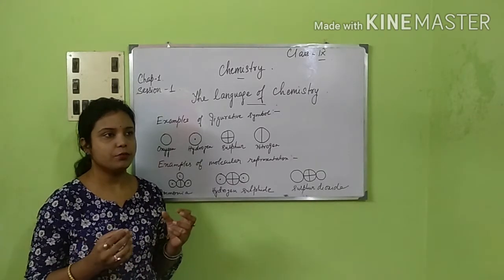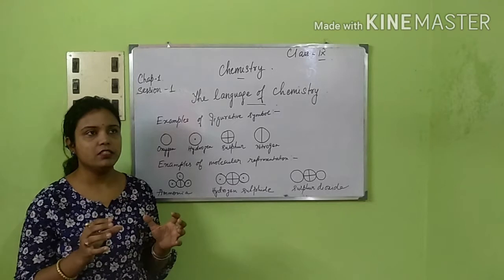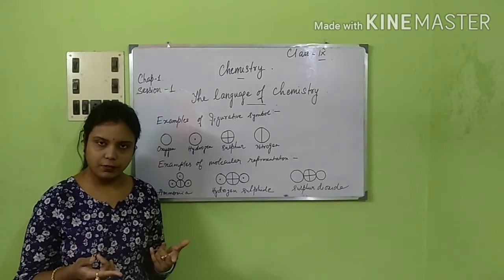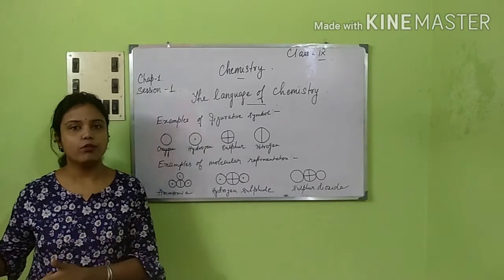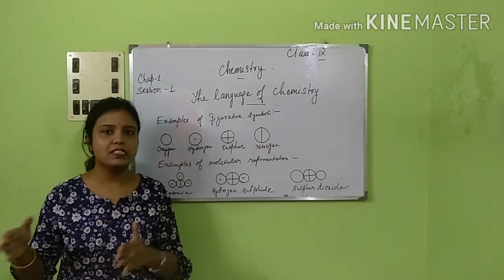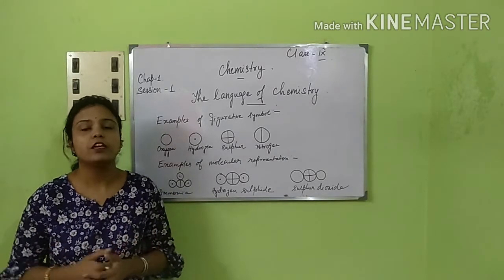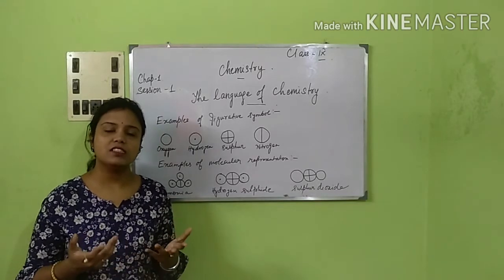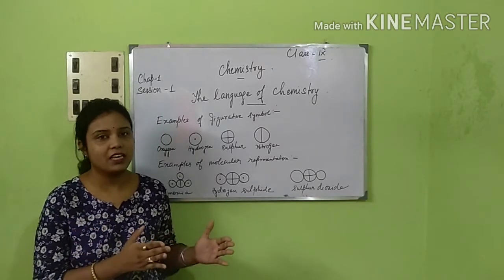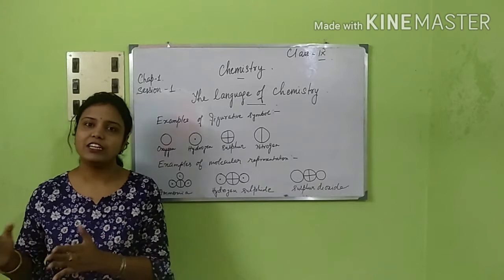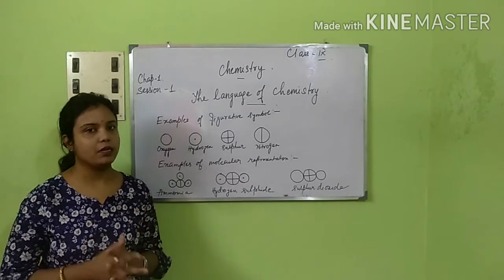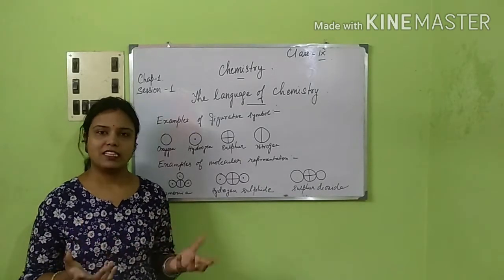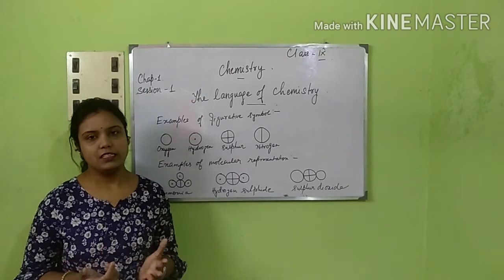As soon as you represent a particular element in a particular way, there will be a few more elements, so each of these elements will have different types of symbols. That is what a symbol is, and the need for symbols is so that we can distinguish between different elements. This is a thought that came into the scientist's mind.